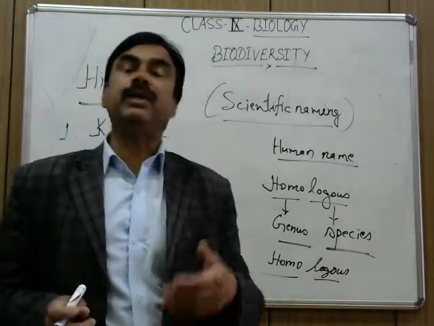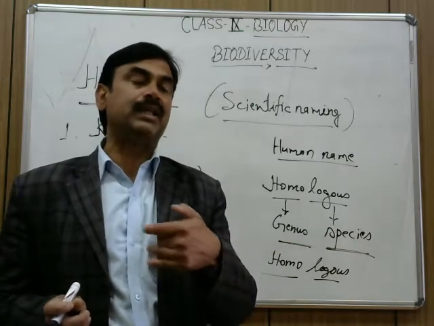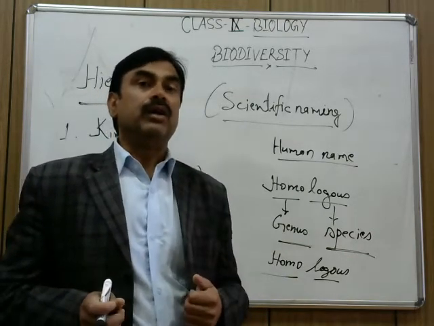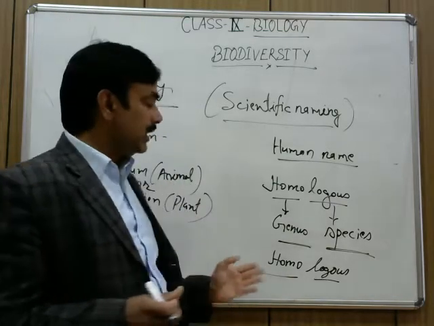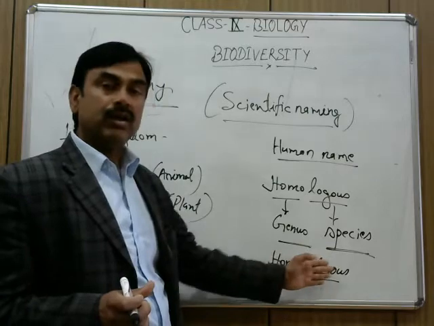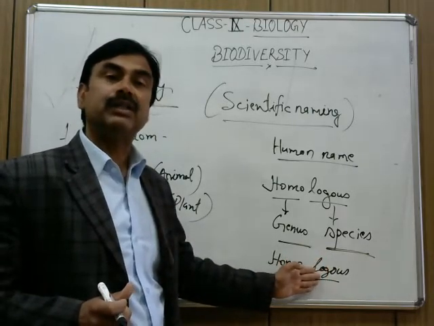Since every scientific name is made up of two words, the first represents the genus, the second is the species. So you always write the first letter as a capital letter, like Homo sapiens. In Homo, H is a capital letter, and the species starts always with a small letter.